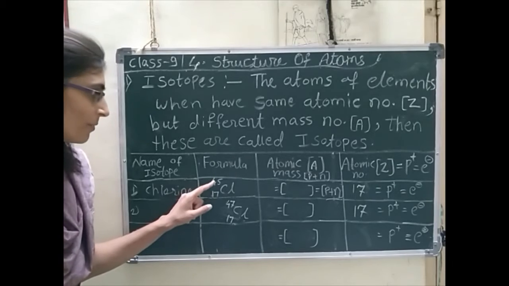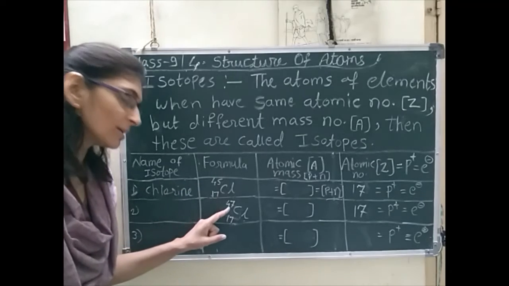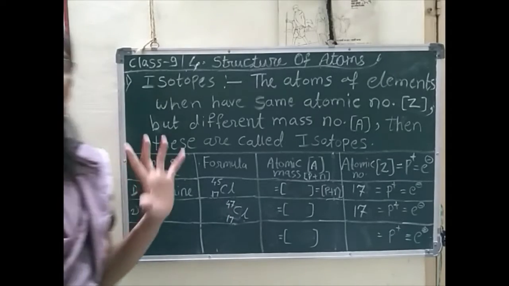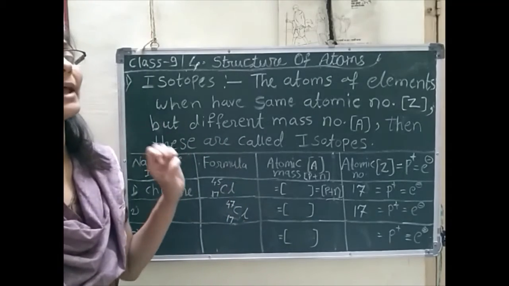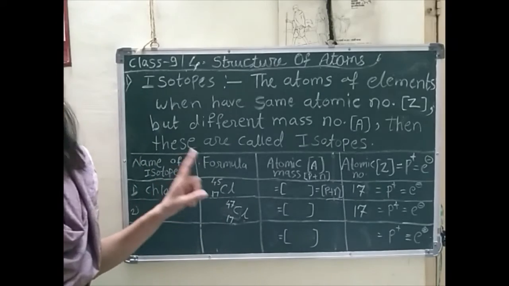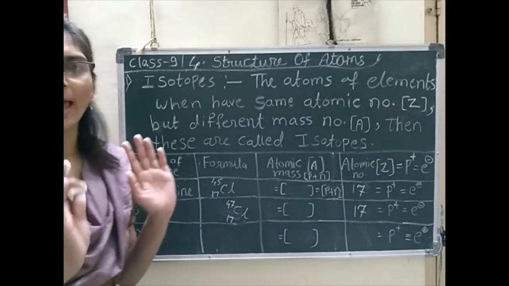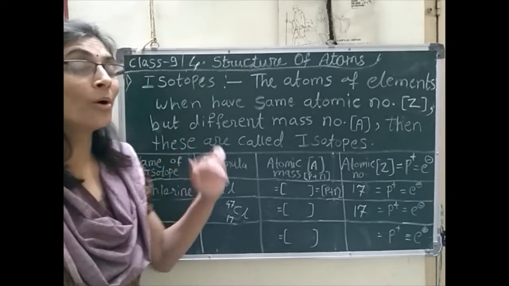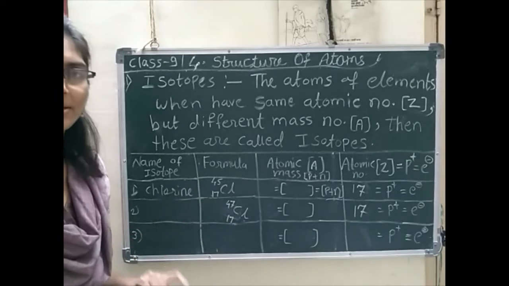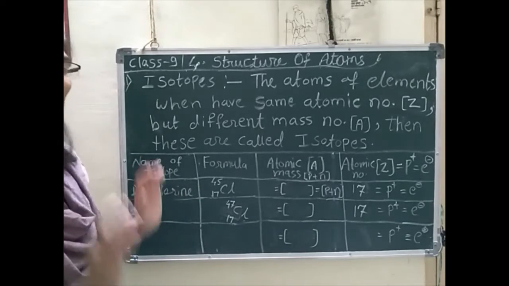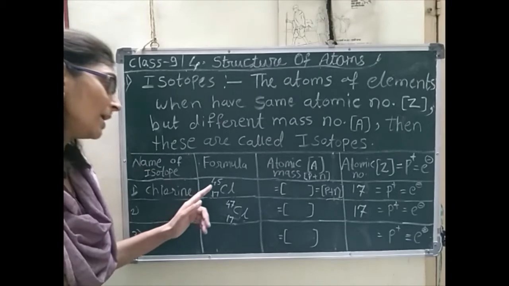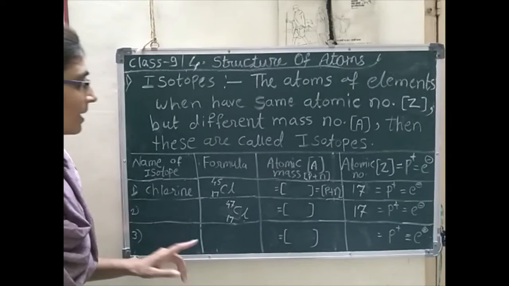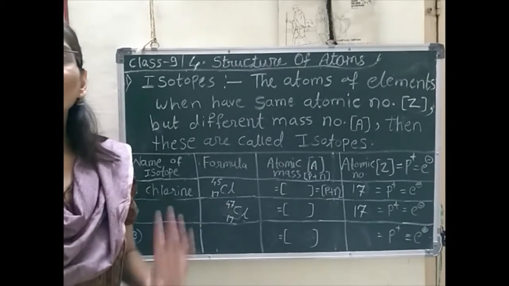For the first isotope 45, then for the second 47. So we always consider the average atomic mass of these two chlorines. If any container has chlorine gas, both types of atoms are present in that container. Some atoms may be 17 and 45, and some atoms may be 17 and 47.